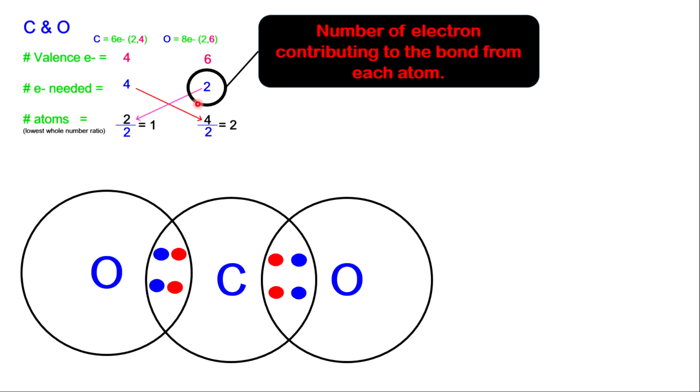So carbon is completely good. Now for oxygen, oxygen started out with 6 valence electrons. It gave up 2, so therefore the remaining portion here will be 4. All right. Now look at the other oxygen. It gave up 2 out of its 6, so therefore there are 4 remaining. And now we can check to make sure that each orbital is completely satisfied.